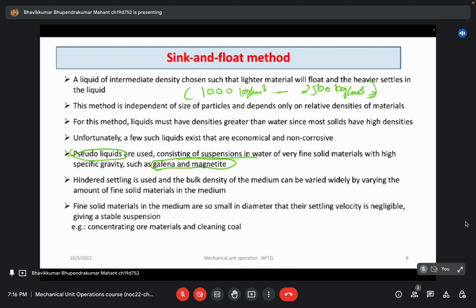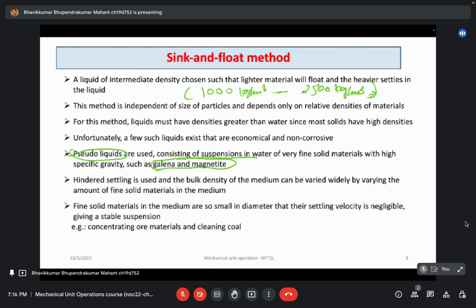We make the water suspension and use it as the fluid in the sink and float method or gravity sedimentation process. Then hindered settling occurs due to the presence of this suspension, and the bulk density of the medium can be varied widely by varying the amount of fine solid material in the medium. So according to the amount of fine solid material used, the bulk density will vary.